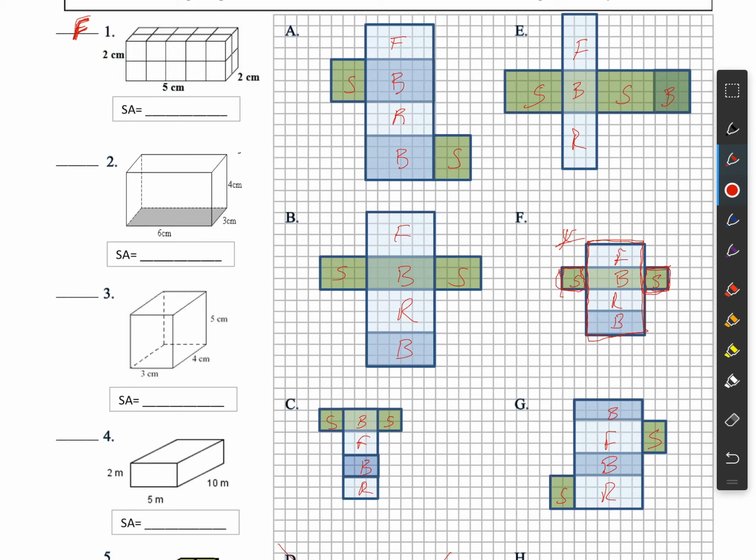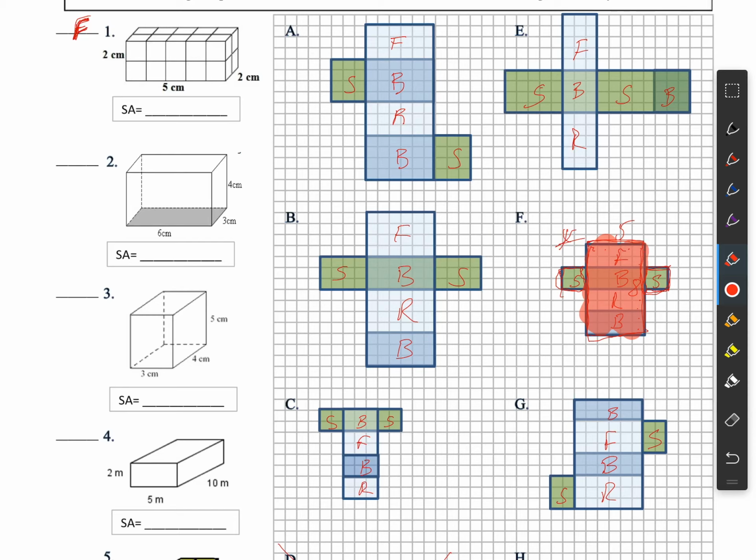Either way that you do it, you're just going to combine all of those. In the case that I used, we have 1, 2, 3, 4, 5 by 1, 2, 3, 4, 5, 6, 7, 8. So that is this larger area. I'm going to go ahead and shade that in so we can see what that looks like.